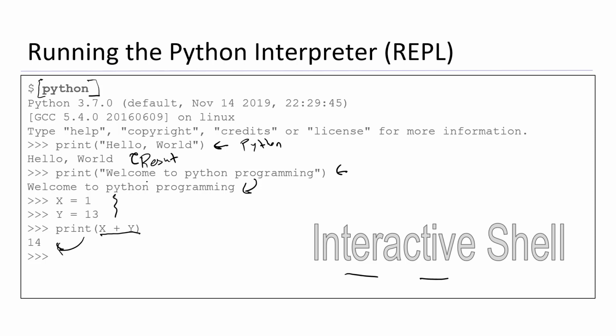So as soon as we type a statement, we get the result immediately. This is called a REPL shell, or a read, evaluate, print loop, or an interactive shell. So this is one way to run Python code.